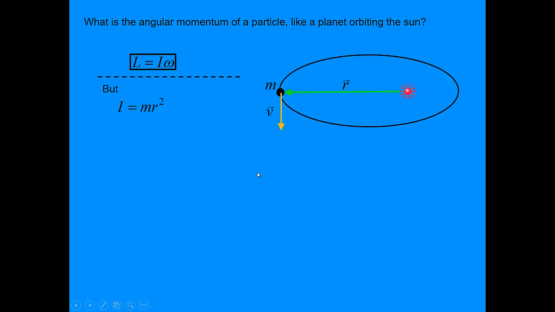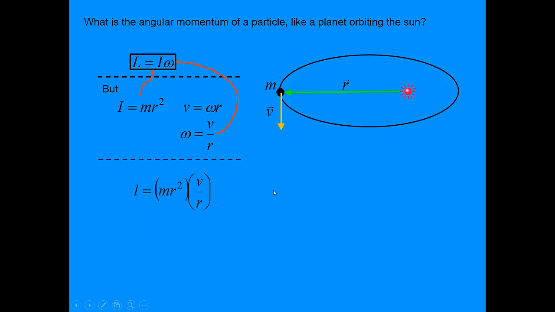But we can convert, because we know v equals omega r. The linear speed of an object rotating about an axis is the angular velocity times the radius, or omega is v over r. Plug those two things in.